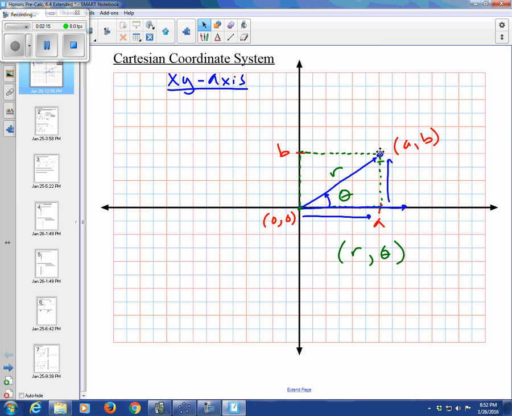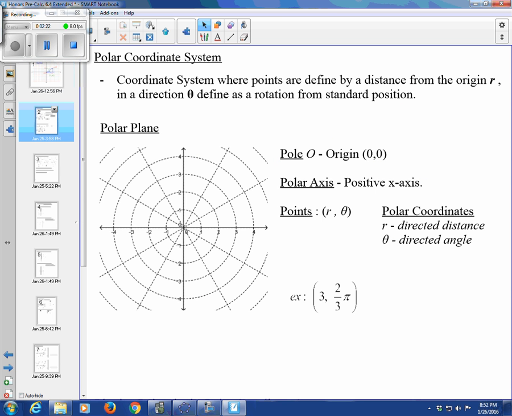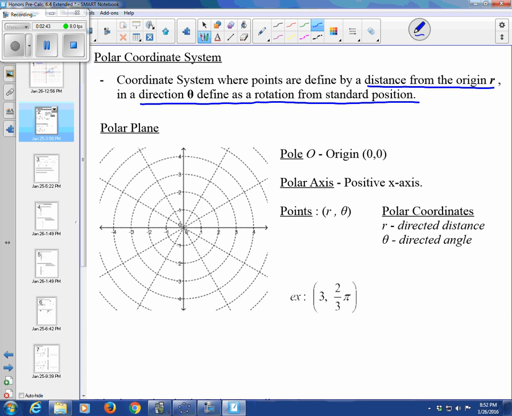What we're going to talk about today is the polar coordinate system, or the polar plane. The polar coordinate system is a coordinate system where points are defined by a distance from the origin, r, in a direction theta, defined as a rotation from standard position.